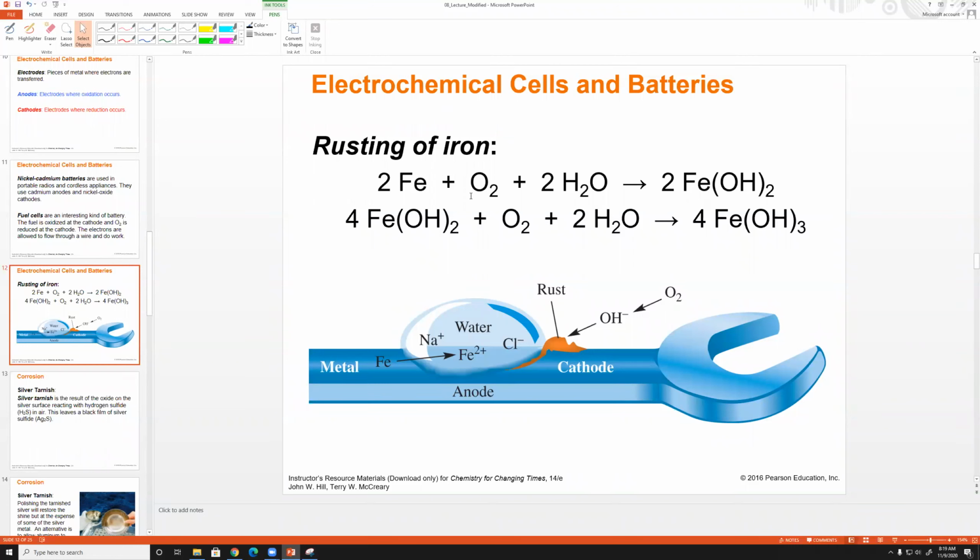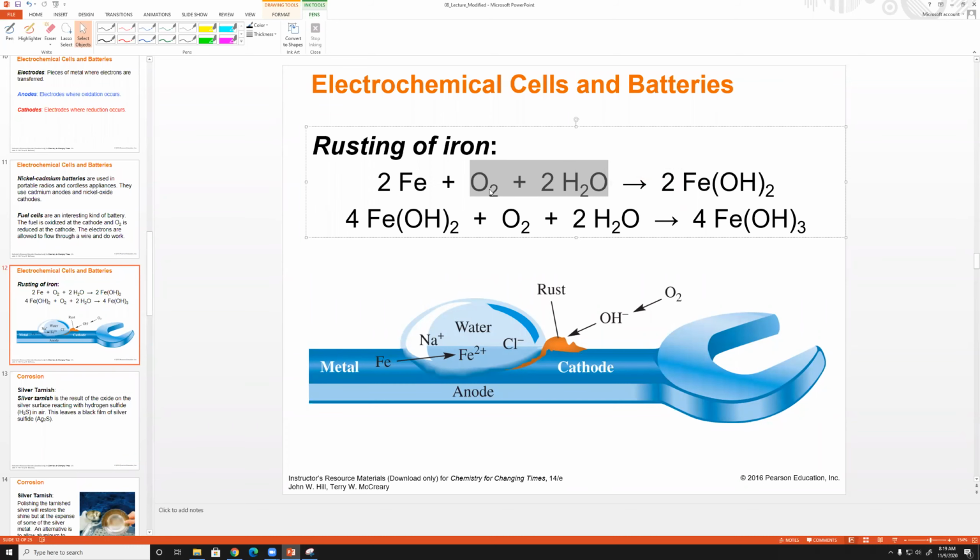Because it's exposed to the two main oxidizing agents in the environment. Water is one of them, and also oxygen gas is another one, but water is the main one because it actually makes the oxygen stick. So what would happen is the iron reacts with the water and the oxygen in the atmosphere.